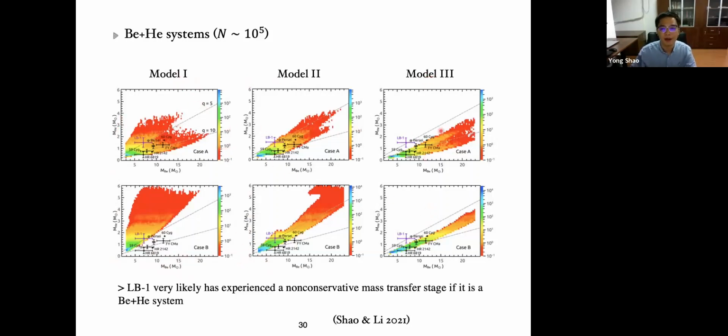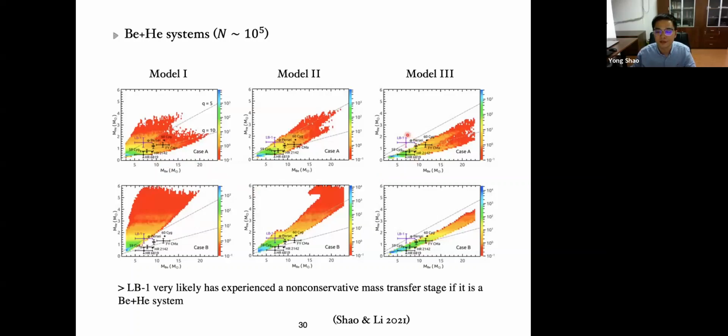The top and the bottom panels correspond to the binaries formed by case A and case B mass transfer, respectively. The colored pixels show our calculated results, and the cross denotes the observed sample.